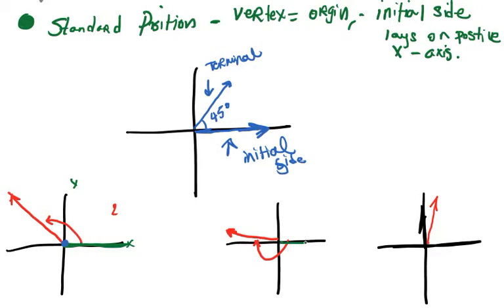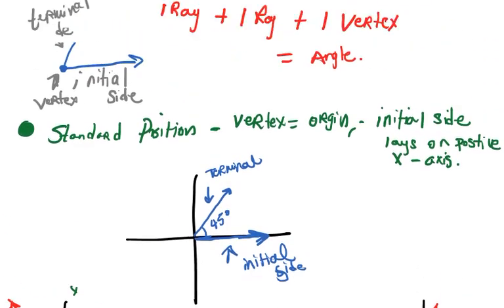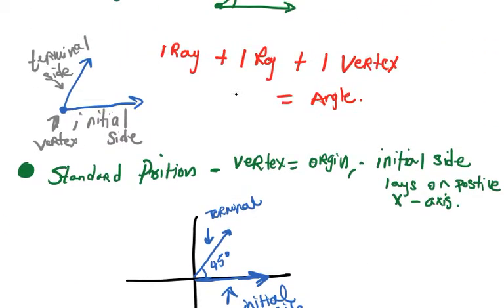We have the positive x-axis here as well, and the vertex is there on the origin. And again we have it here. We have the positive x-axis, which is going to be our initial position, and we also have the vertex. Now, don't these angles look exactly like the one I drew for you in the beginning, with the two rays coming together?